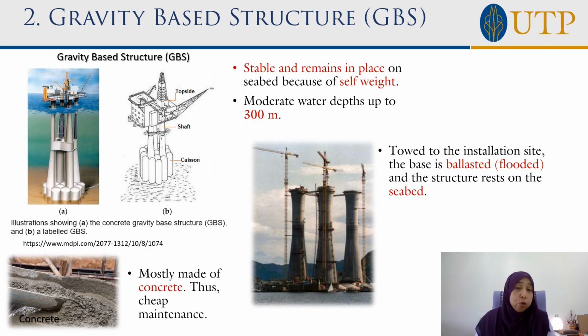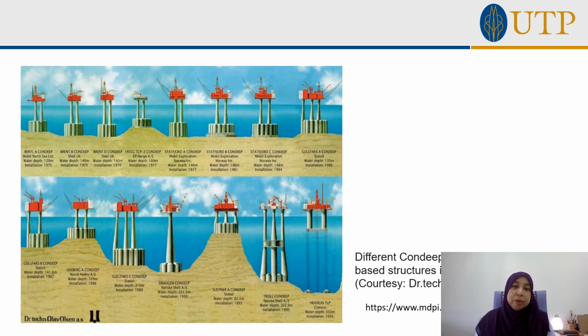You have to put water inside it, which is called ballast: you flood part of the structure, and then it is settled down onto the ground. So the weight itself gives the stability. Normally we use this for 300 meters of water depth. These are the different GBS that have been built according to the history and timeline.